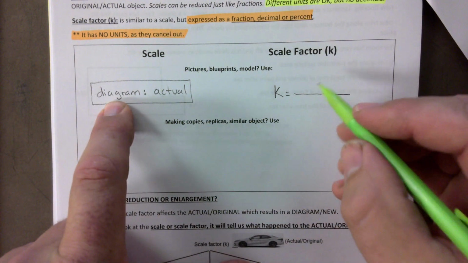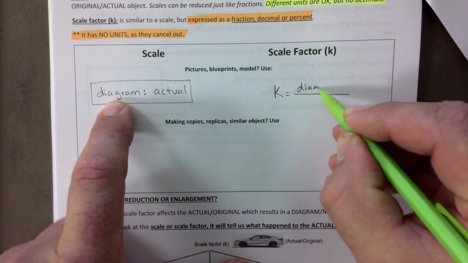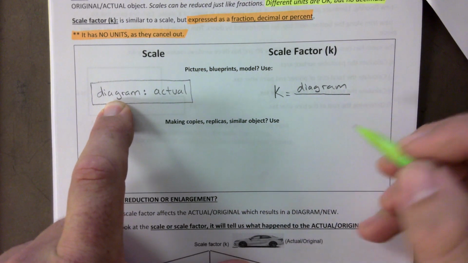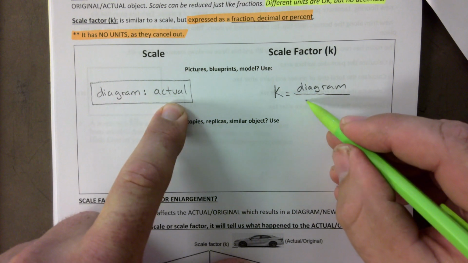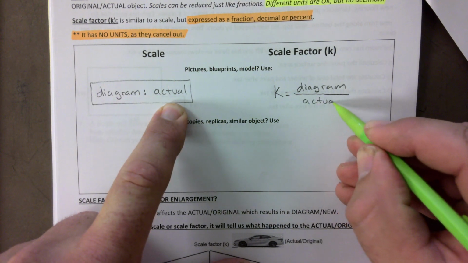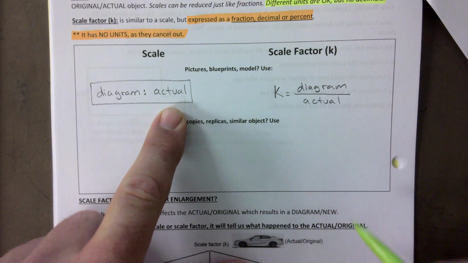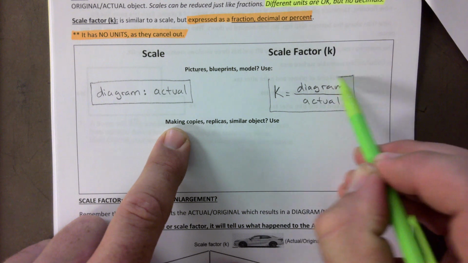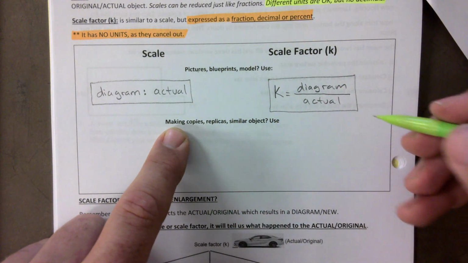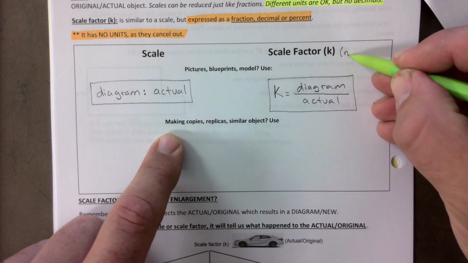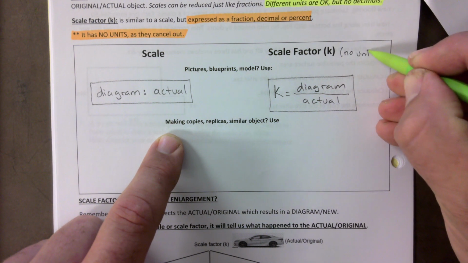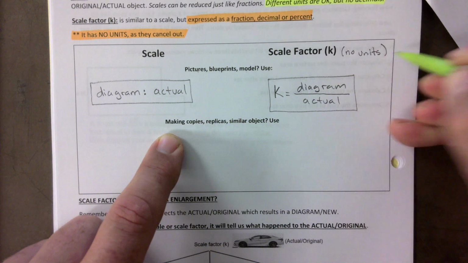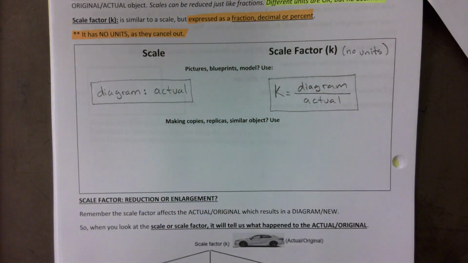And you put the first number up top, and the actual, that number would go in the denominator. Okay? So, no units. So I'll put that next to this here. I'll say one more time, remember, no units when it comes to scale factor.